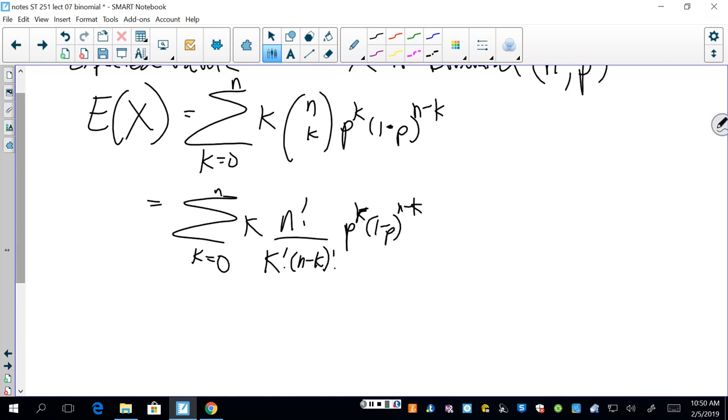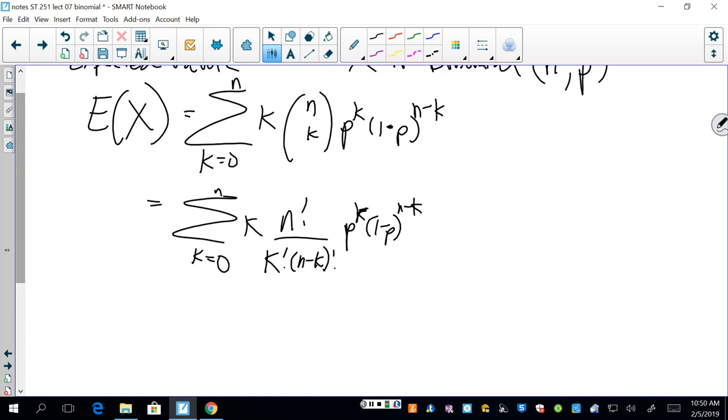What happens when k is 0 at the first term here? What value are you adding in for the case where k is 0? 0, right? 0 factorial is 1, but k times that is 0. Whenever you have a random variable that's 0, it doesn't add anything into the expectation.